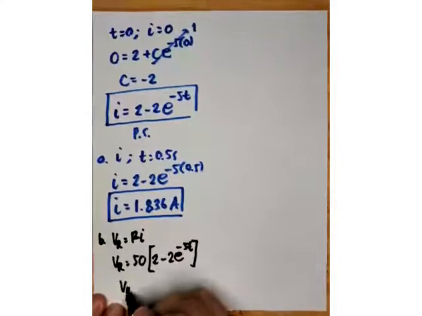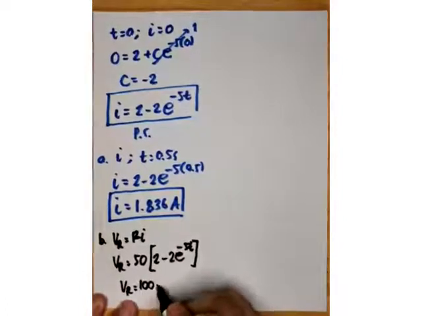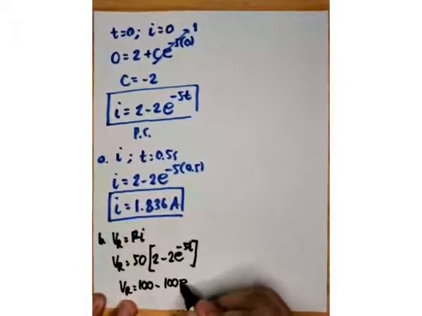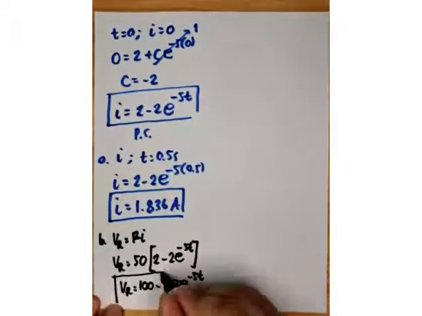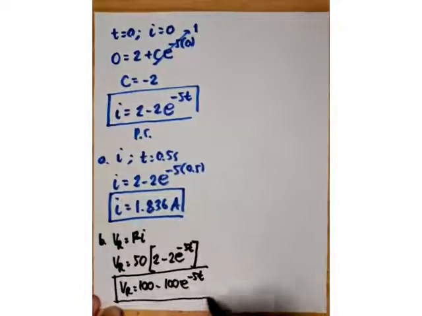Therefore, VR is 100 minus 100 e raised to negative 5t. So that is our VR.